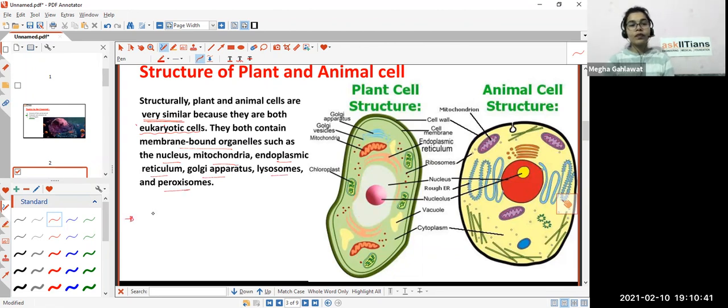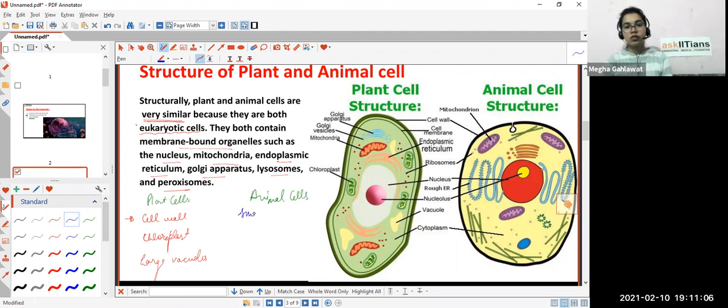But the cell wall, chloroplast, and large central vacuoles are present in the plant cells, whereas in the animal cells, we have smaller vacuoles and centrioles, used in cell division.